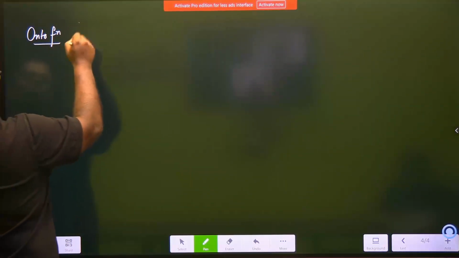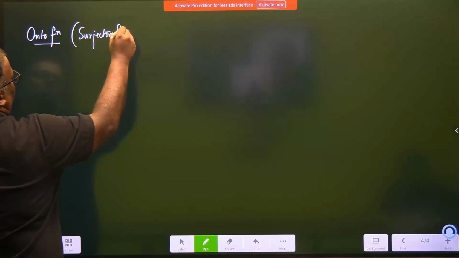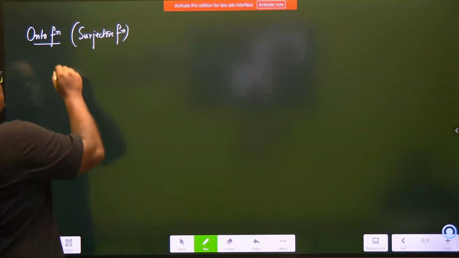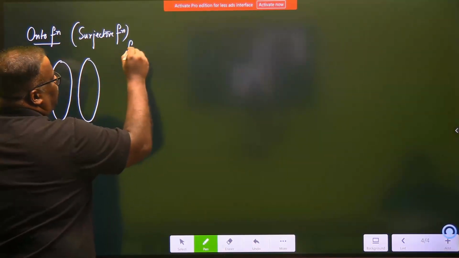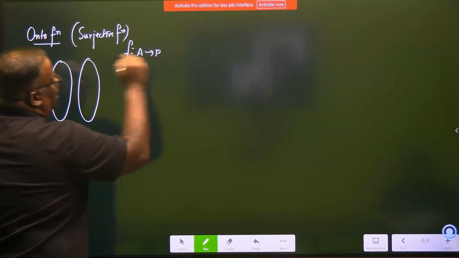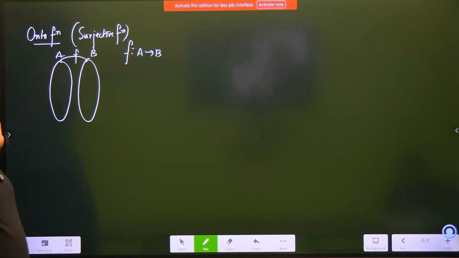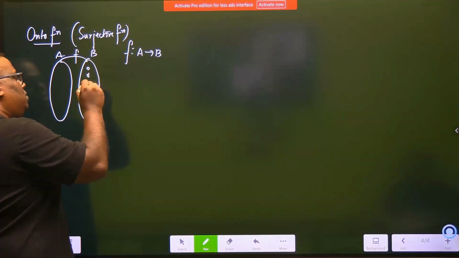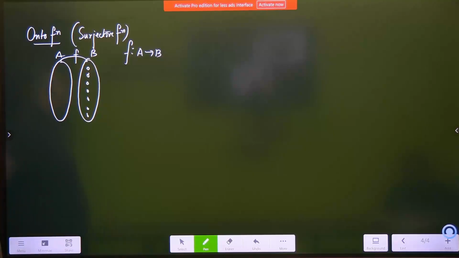Onto functions, which are also known as surjective functions. In crude language, f is a function which is mapped from A to B. Surjective function means every element of the codomain must find a mapping to at least one, or more than at least one.